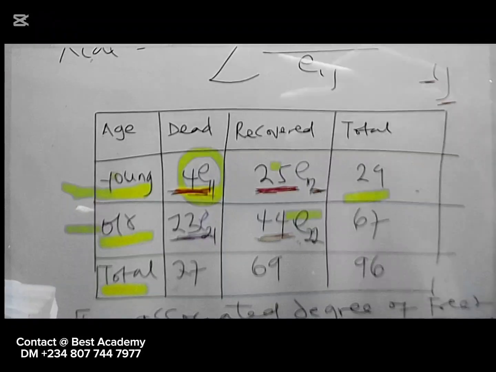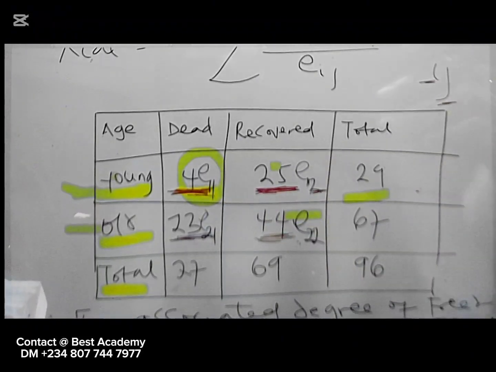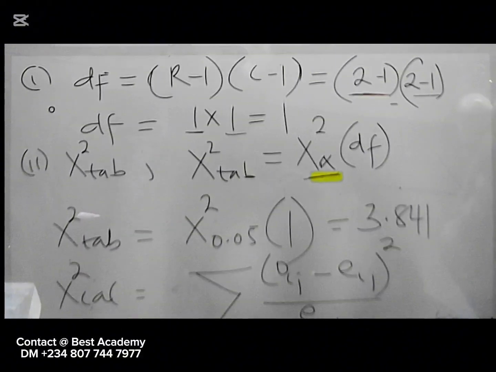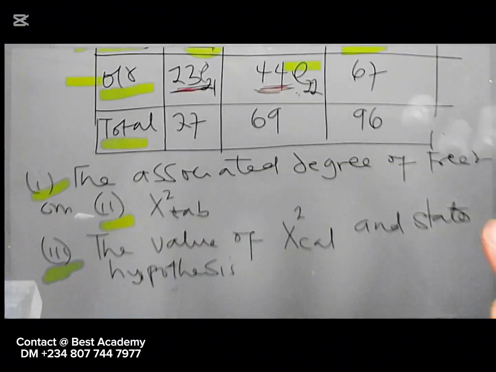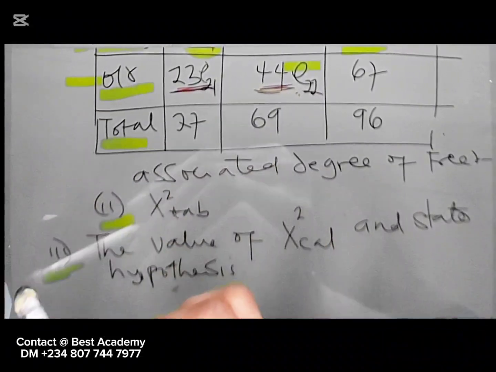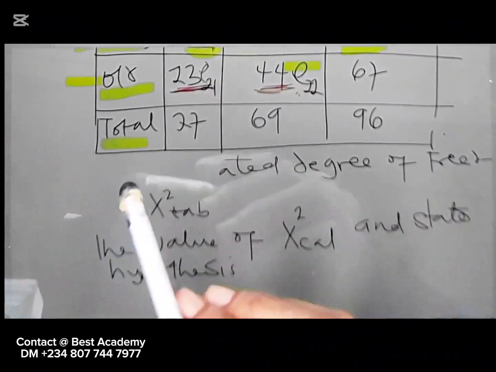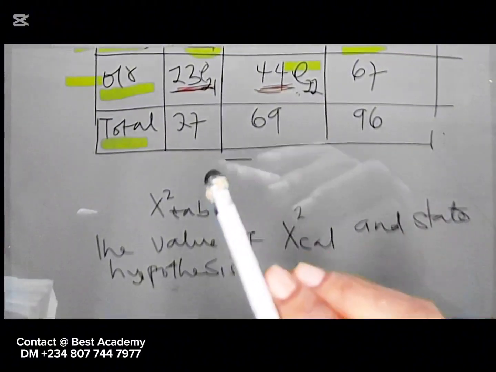Okay, so we are going to understand more on how to calculate expected frequency. Now, to calculate expected frequencies, we have a formula. Remember, the word expected means it's not given to us in the table, we are expecting the value.